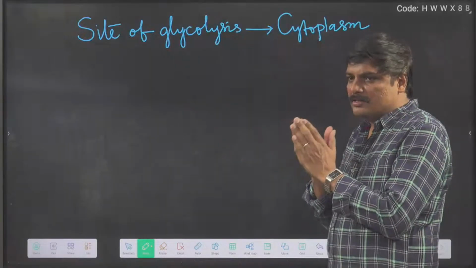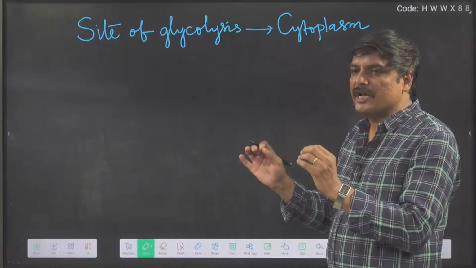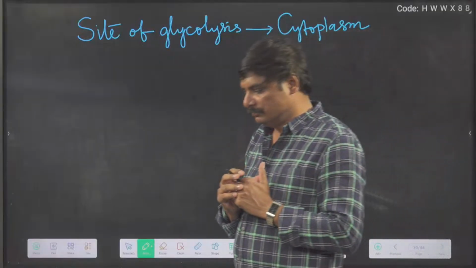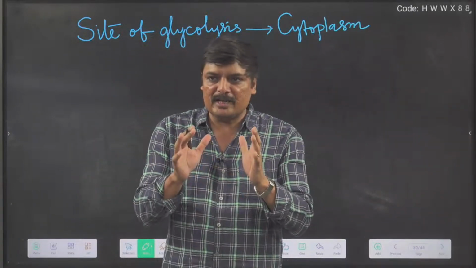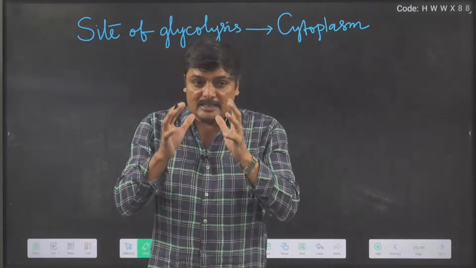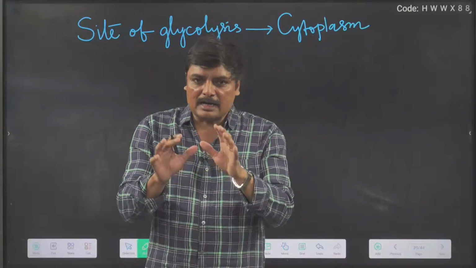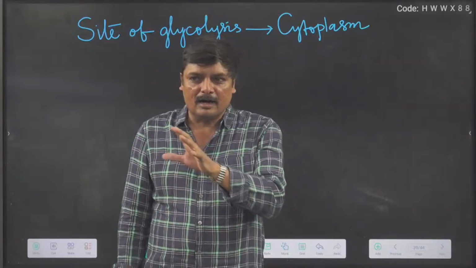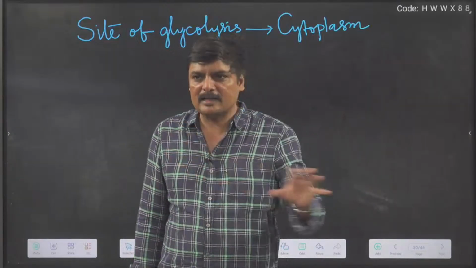In glycolysis, glucose is partially oxidized. This partial oxidation occurs in all the cells.